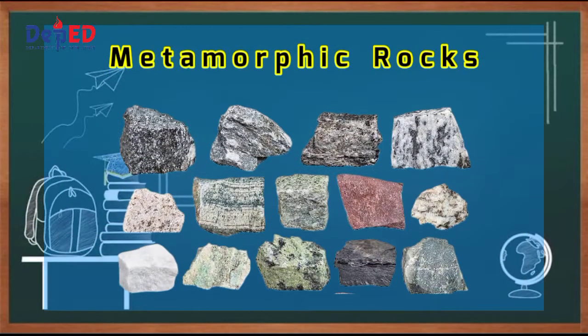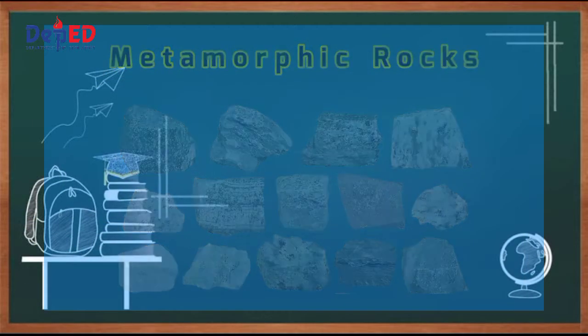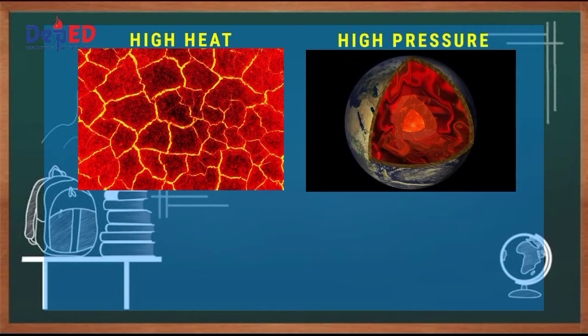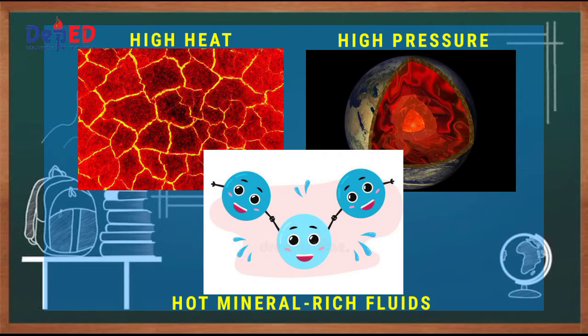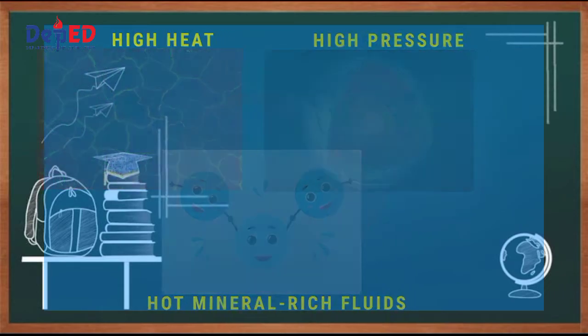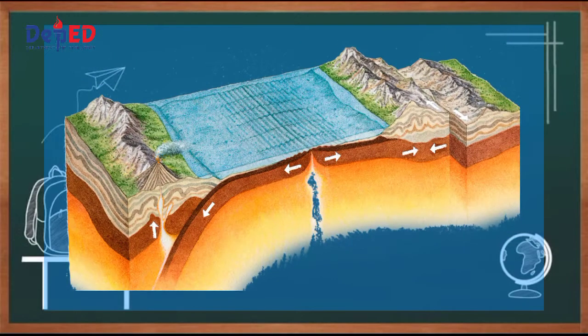Metamorphic rocks form when rocks are subjected to high heat, high pressure, hot mineral-rich fluids, or, more commonly, some combination of these factors. Conditions like these are found deep within the Earth, or where tectonic plates meet.